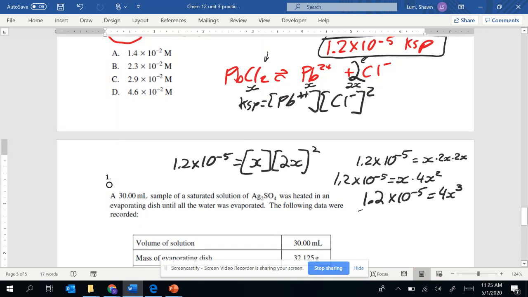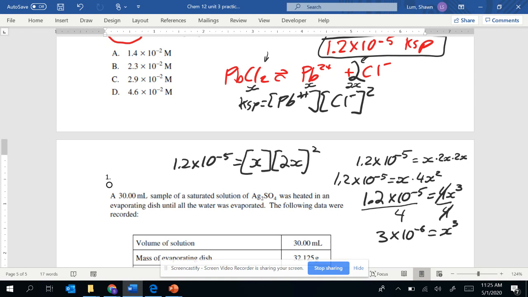Okay, now I'm taking a lot of room up for this question, but I'm going to divide both sides by 4. And that's going to cancel this out. So then I'm going to have 1.2 times 10 to the negative 5 divided by 4 equals 3 times 10 to the negative 6. And that's going to equal x cubed.